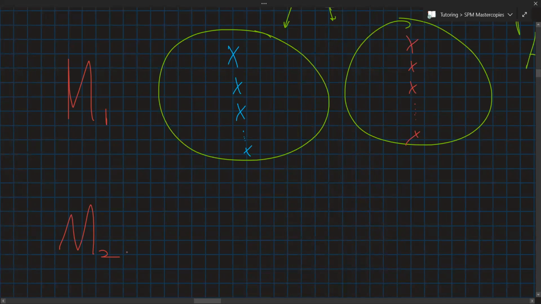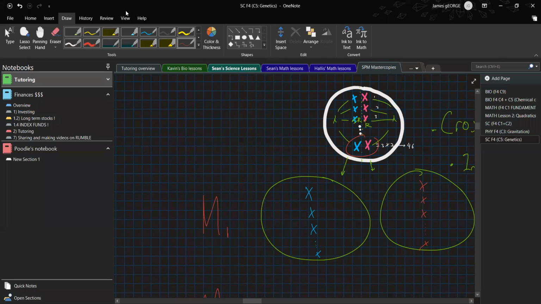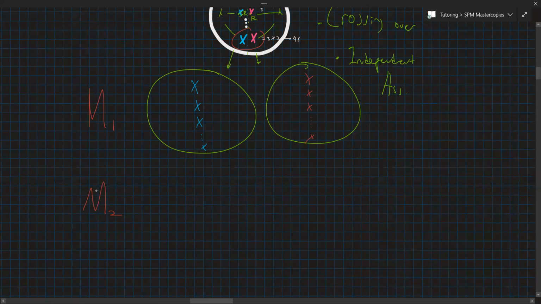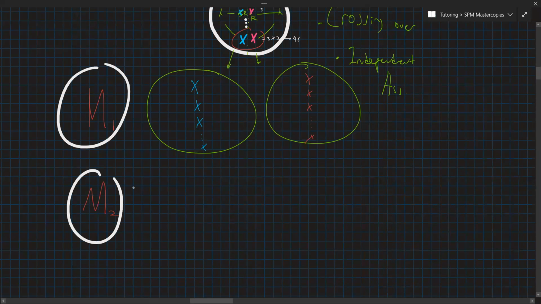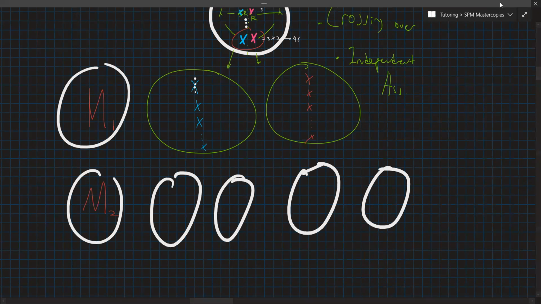During meiosis 2, we learned that it has similar steps to mitosis. What happens is that the chromosomes line up and they are torn apart at the centromere, right?